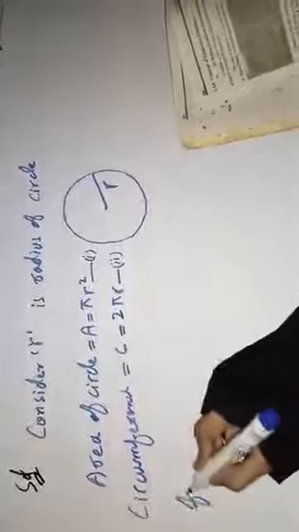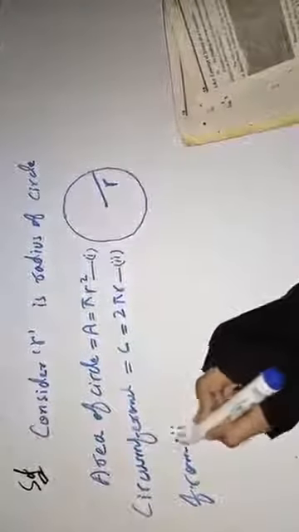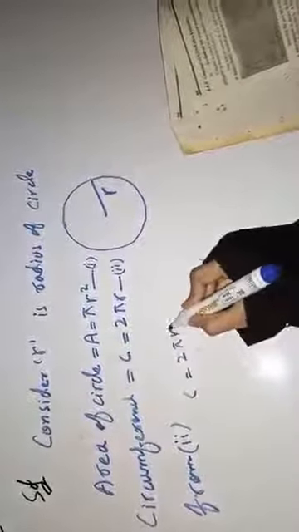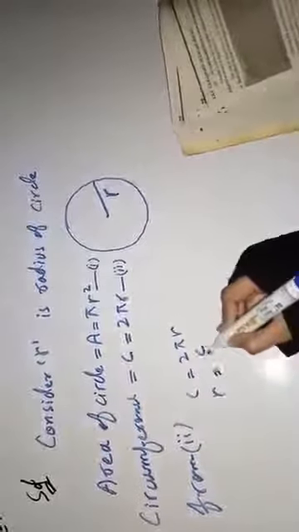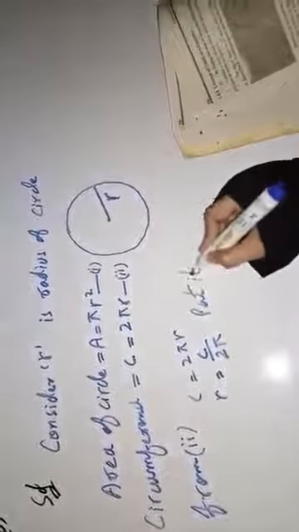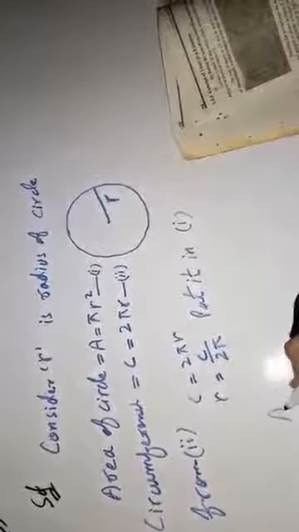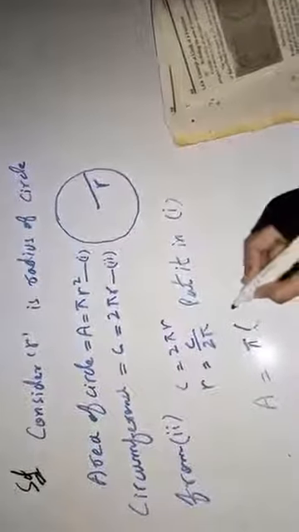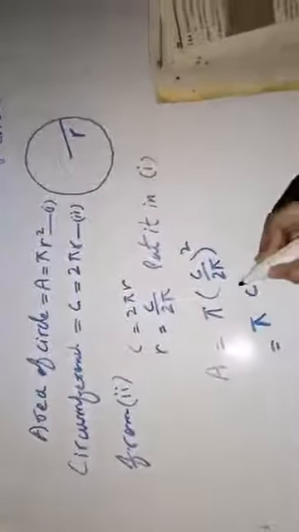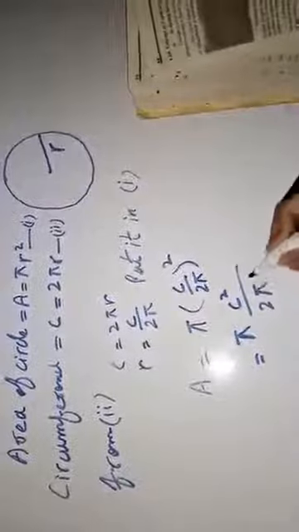From 2, as C is equal to 2 pi r, so r is equal to C over 2 pi. Put it in 1. Area is equal to pi, in place of r, put its value, C over 2 pi, square as it is. Pi C square over 4 pi square.